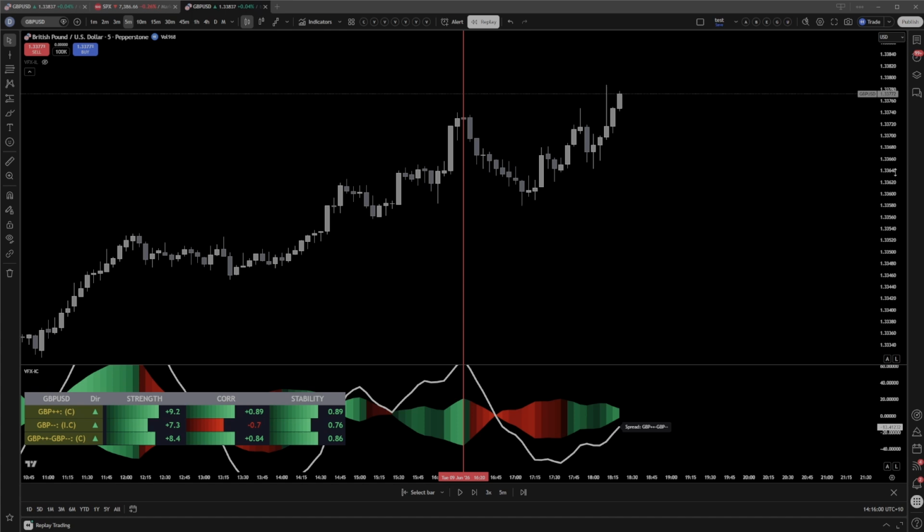So I just encourage you, put this on your chart, have a play with it yourself, and you'll get, as I said earlier, a good idea of when you have strong trade setups based on what you're seeing with the snake, with the synthetic spread, with the values of strength, correlation, stability, with the background coloring, and particularly when you see the label color changes. So have a play with that, and we'll see you in the next video.